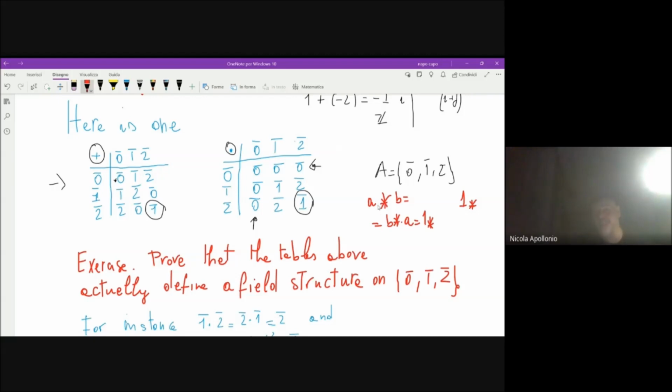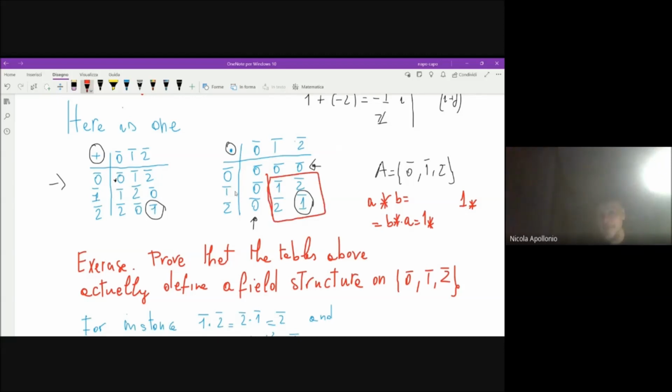When there are two operations, the inverse of an element can be defined only for those elements which are not the neutral element of the other operation. So we can concentrate on this part of the table.